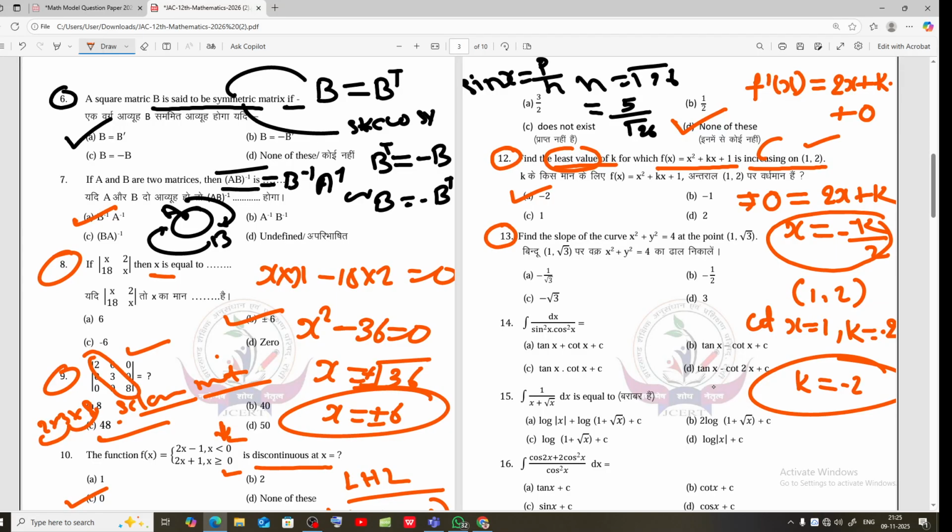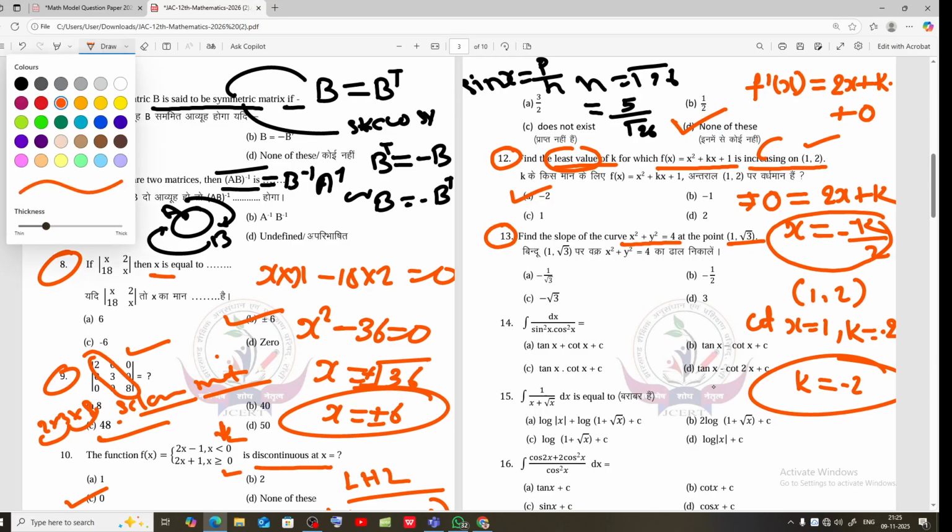Now question number 13, find the slope of the curve at that point. Slope of the curve means first we take the derivative.